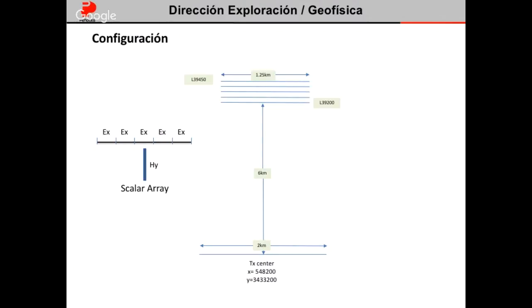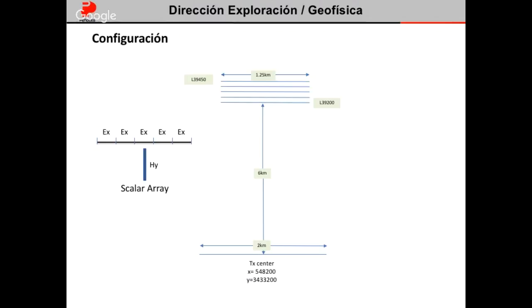This is the configuration of the current dipole. These are the lines in the survey area, and this is the current dipole. This dipole is 6 kilometers away from the lines, and has 2 kilometers of length.